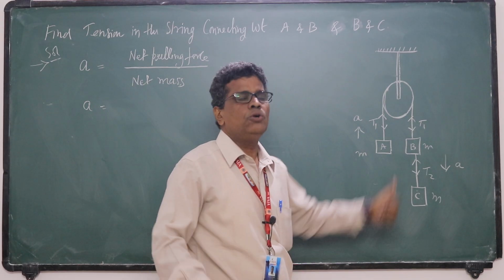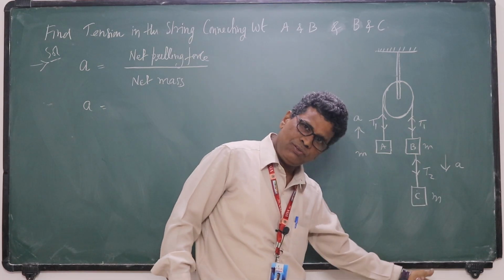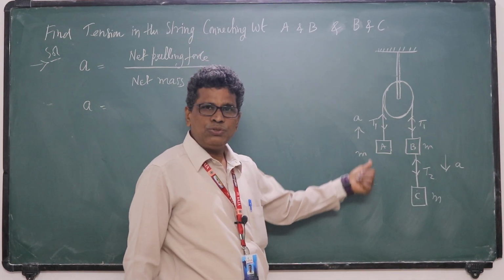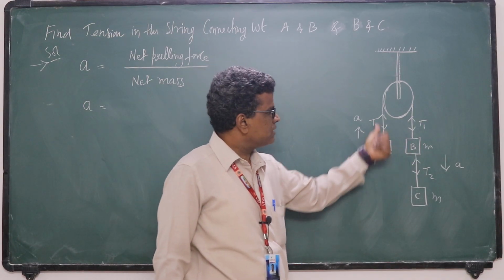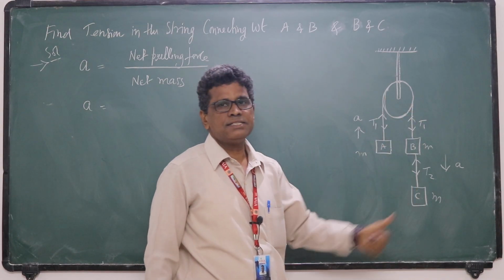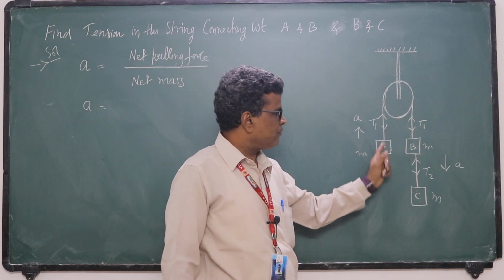Which is greater? 2mg on the right side is greater. So ultimately blocks B and C move down and block A moves up. Since these three are connected with the same strings, they are connected bodies, so the acceleration is the same for all three.